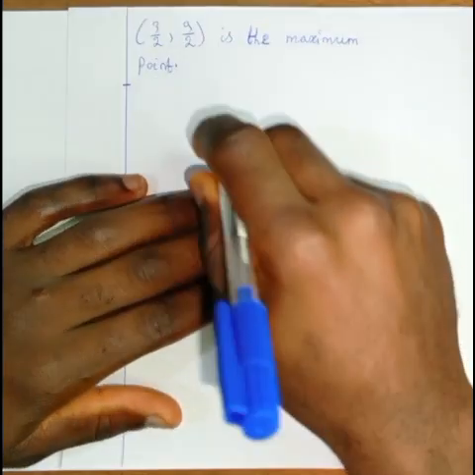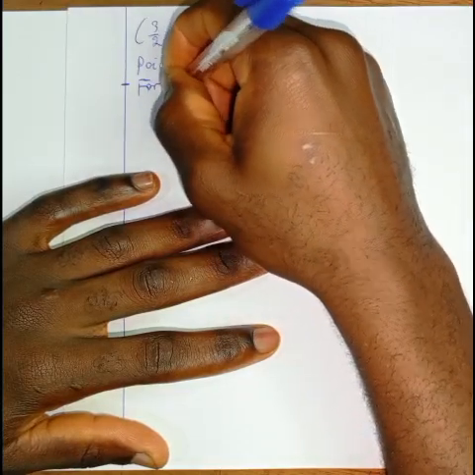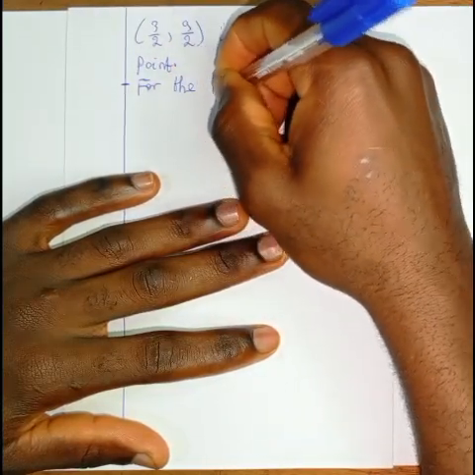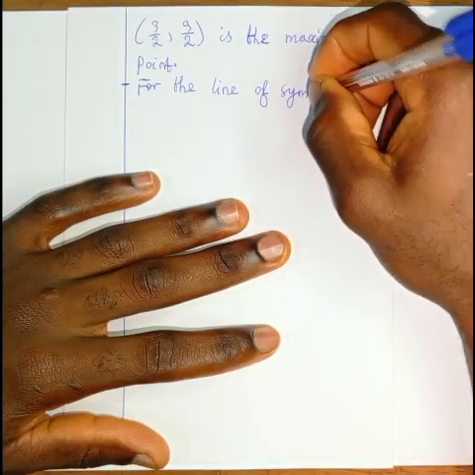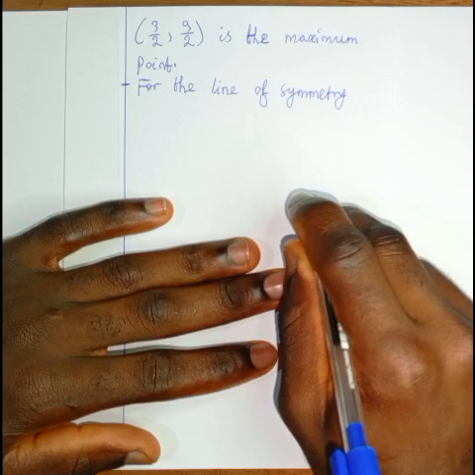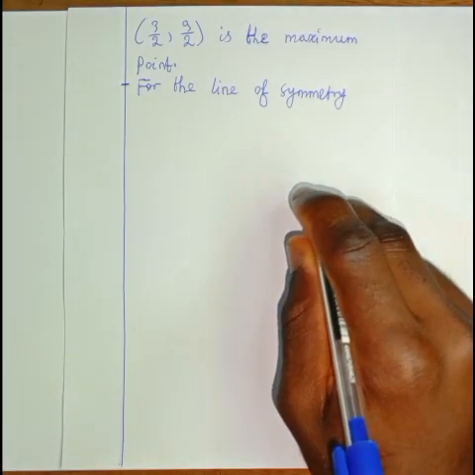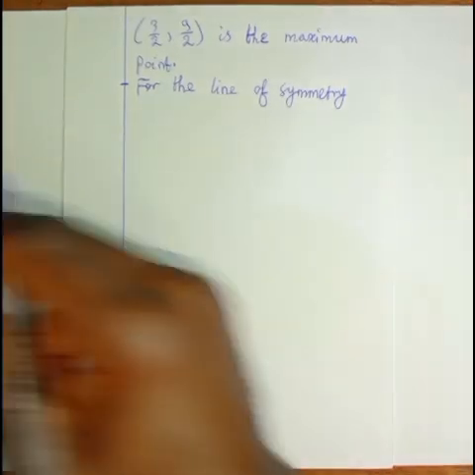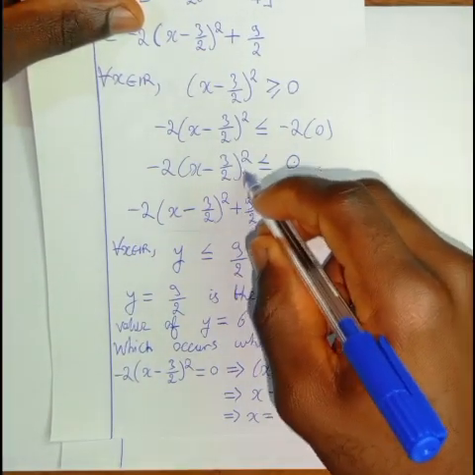The next thing we need is the line of symmetry. For us to get the line of symmetry, we are simply going to equate the negative 2 times (x minus 3 over 2) to 0.